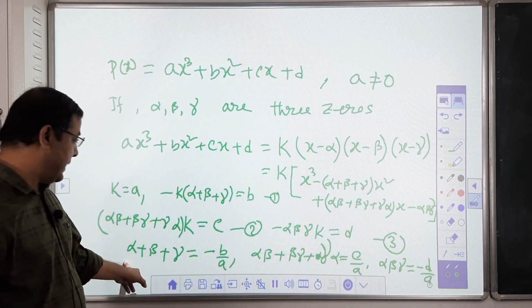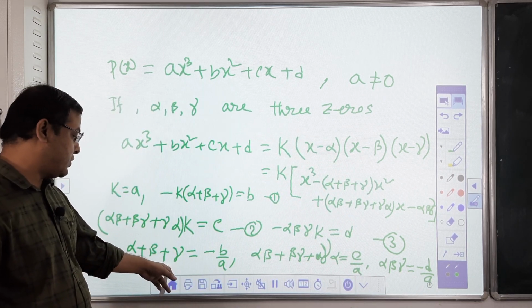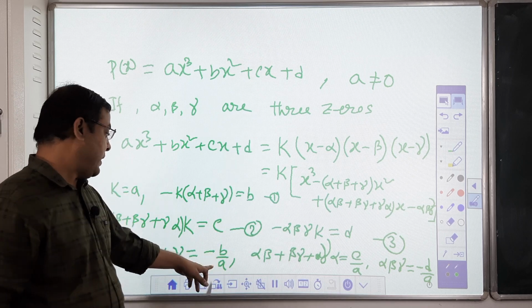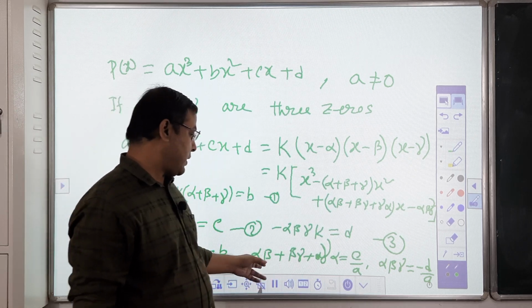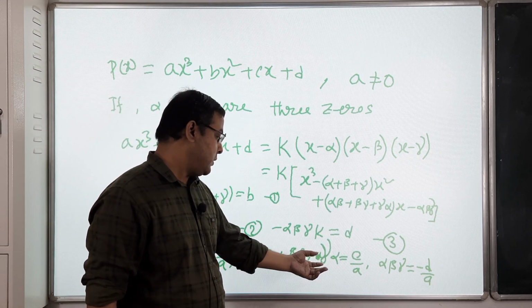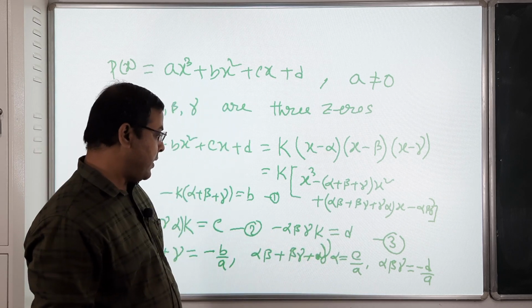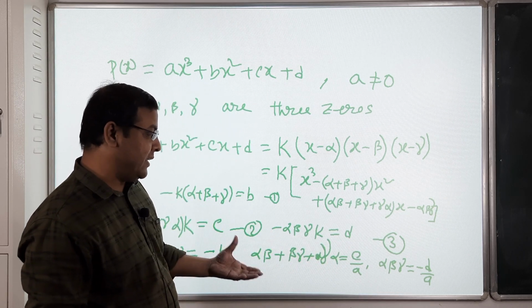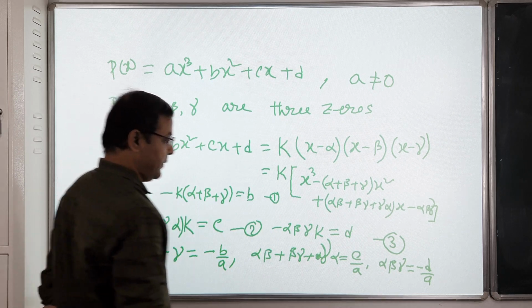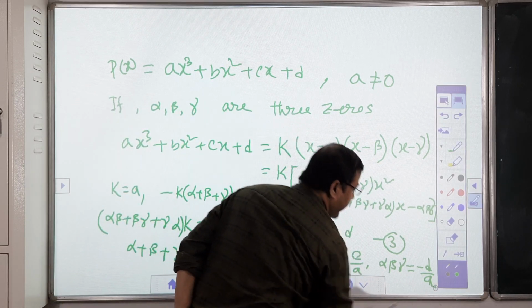So these three relations: the sum of the zeros is minus b by a, the sum of the products taken two at a time is c by a, and the product of 3 zeros is minus d by a.